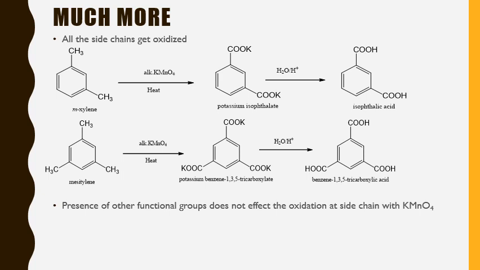What if there are more groups attached to this ring? If you observe here, there are two groups attached to this benzene ring. One is CH3, the other one is CH3. This molecule is metaxylene; you can observe the position of these groups is meta. If they are side by side, adjacent, it is ortho; next, meta; if opposite, then it is para.